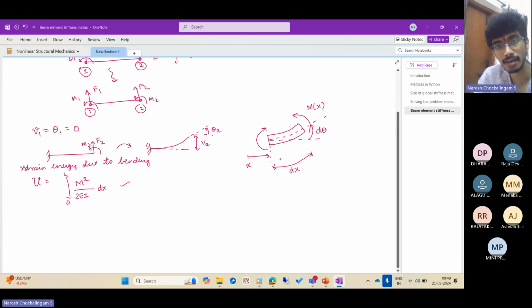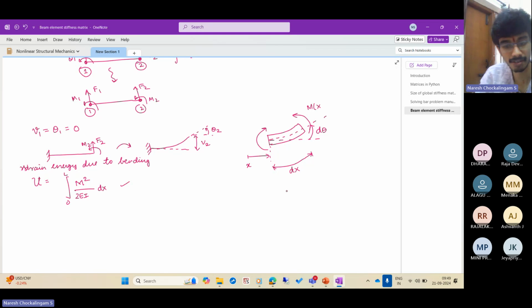So what is the incremental work done? It's not the incremental work done, it's the work done in the small beam.